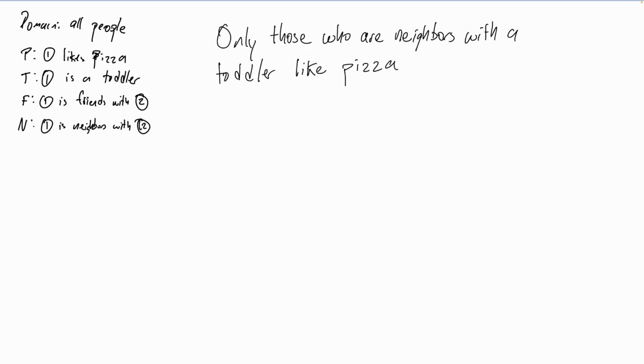Next, only those who are neighbors with a toddler like pizza. This is of the form only F or G. It says only those who meet the condition of being neighbors with a toddler, that's the condition F in this case, meet the further condition of liking pizza, which is the condition G here. An only F or G statement can be handled in two different ways.